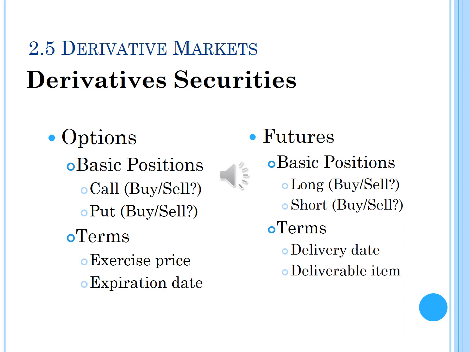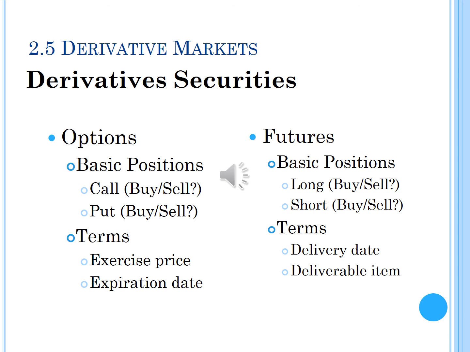Whereas for futures contracts, you need to understand the two basic positions are called the long position, where you purchase, not the right, actually the obligation to buy a specific asset at a future date, and the short position, where you take on the obligation to sell a specific asset at a fixed price in a future date.